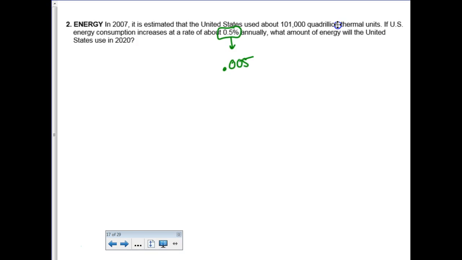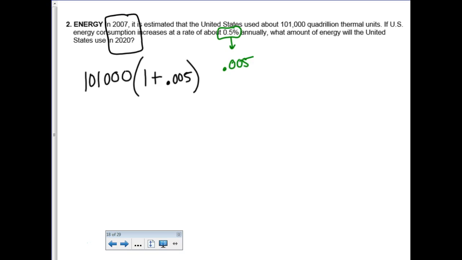No. So you really don't need to use the compounding formula. You can just use the regular old growth and decay formula. So you started out with 101,000, and you're increasing at 0.005. Now T, let's talk about how much time has elapsed. 13 years, very good. And it does say annually, which means per year. So it's to the 13th power.